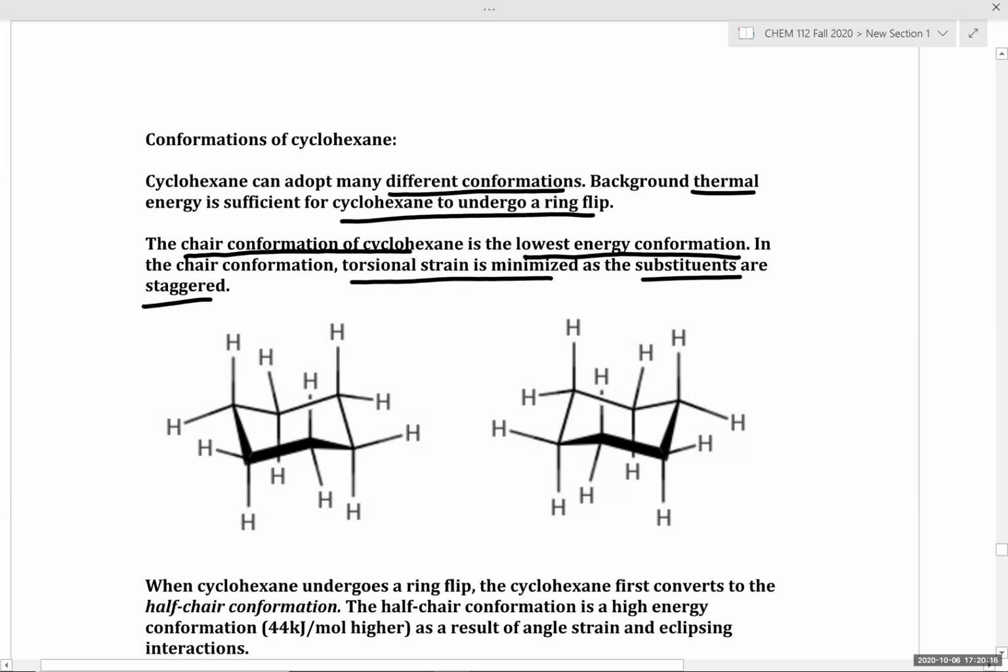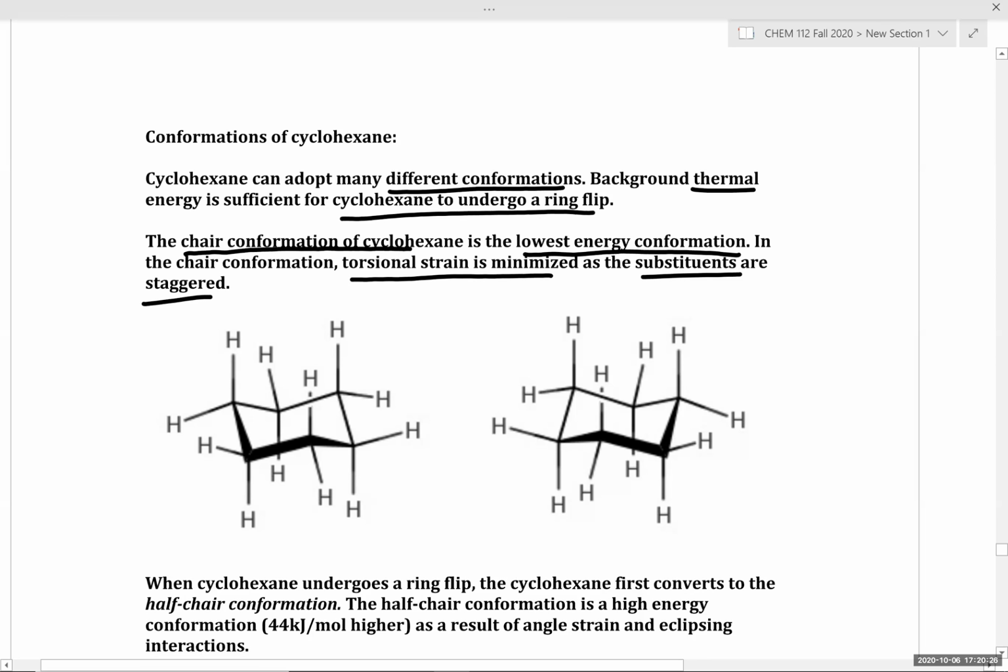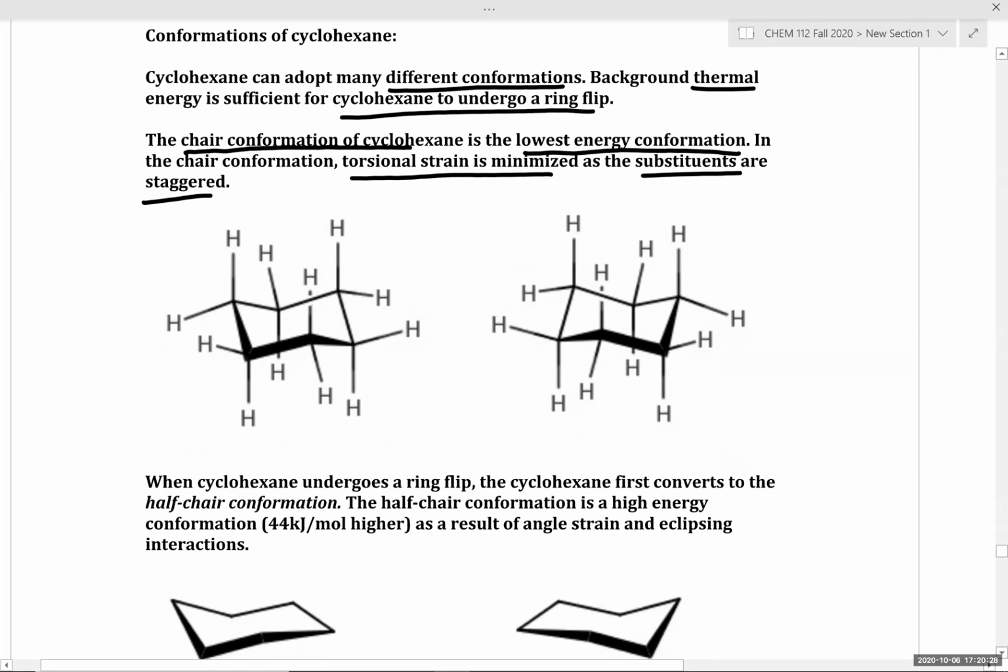If we make a Newman projection of each of our substituents, we notice very clearly that those substituents are separated by a 60-degree dihedral angle. Now, what we're going to do is talk through, and I'll show with the model kit, the step-by-step process from which cyclohexane interconverts between two chair conformations.